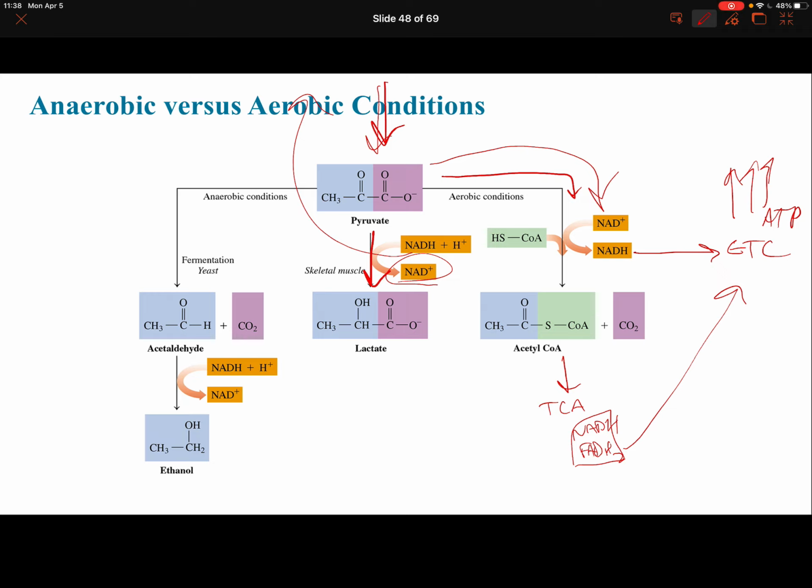So rather than make lactate from pyruvate, they will convert pyruvate into acetaldehyde, and then acetaldehyde into ethanol. And that process also regenerates the NAD+, so that they can send that back up to the top and keep glycolysis going, because there's nowhere else for the NADH to go. And of course, ethanol is that product that we like from all of the fermentation that yeast does, right?